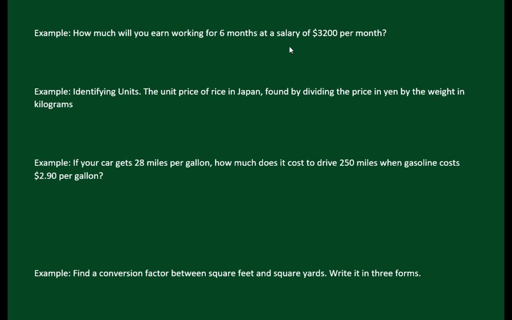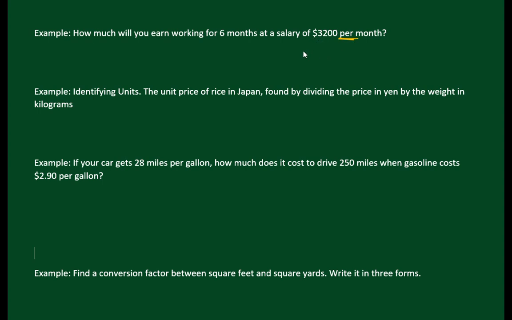$3,200 per month. So it's clear that mathematically you multiply these two numbers to get the total salary. But I want to emphasize some mathematical notation that we can use. Here, per means you're talking about division.